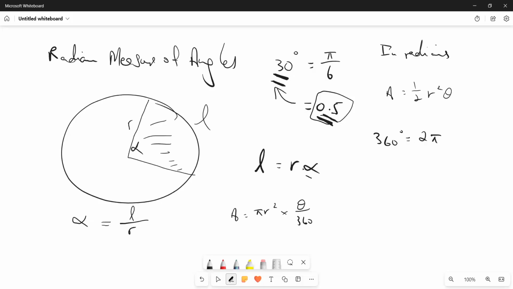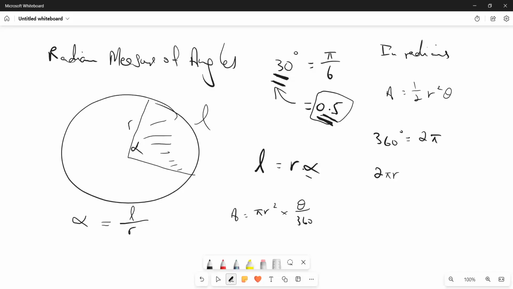No. When you're measuring angles in degrees, how do you calculate the circumference of a circle? You say 2 pi r. Yes, sir. Yeah, right.